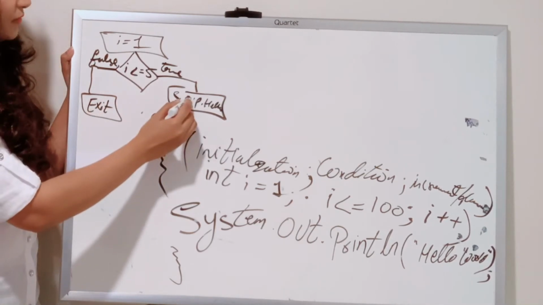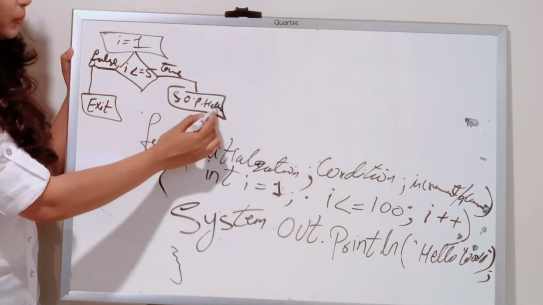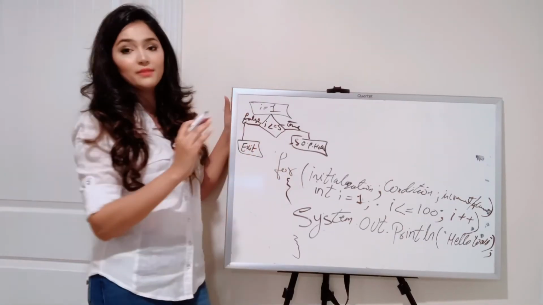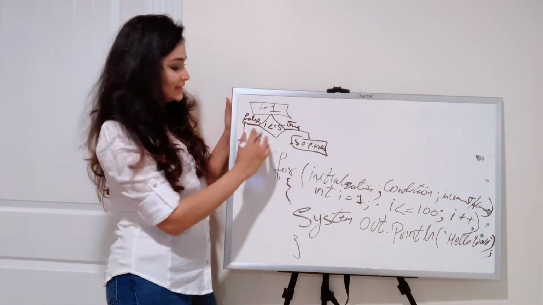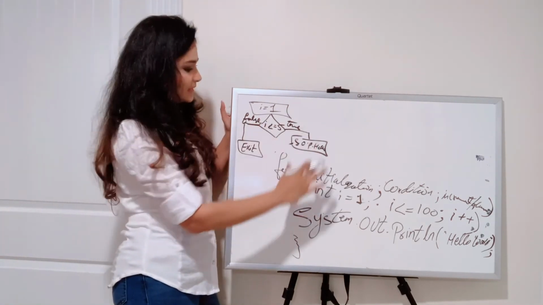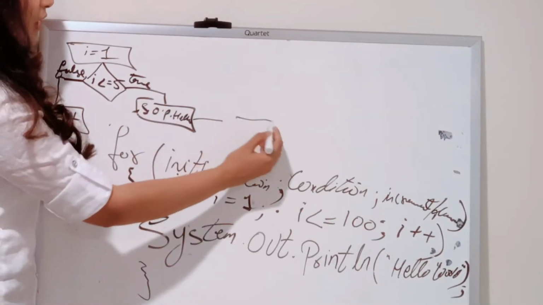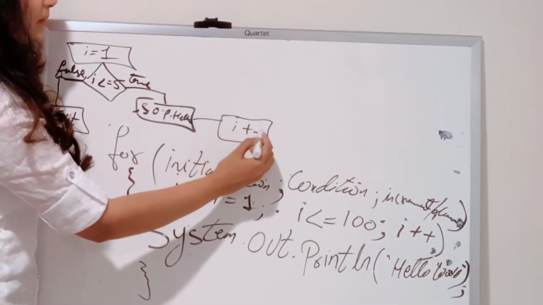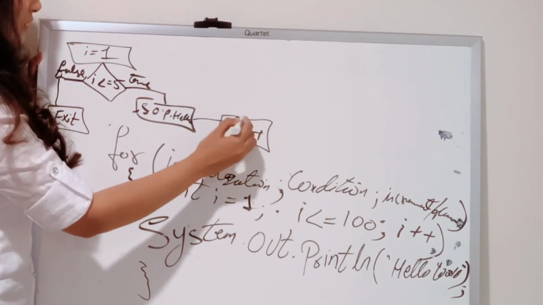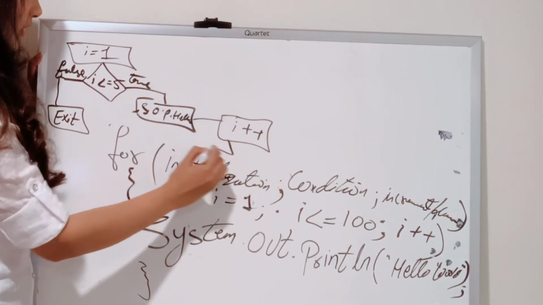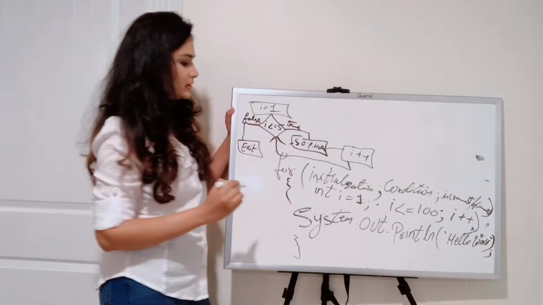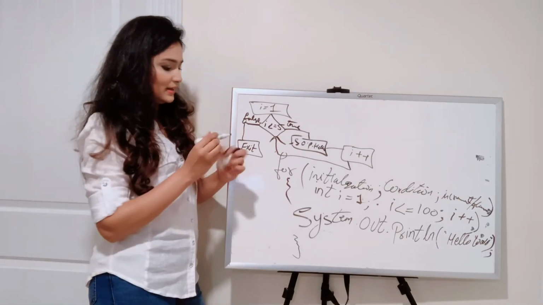So if this is true, System.out.print Hello World. I don't have space right now on my board, otherwise it's a very neat diagram, very simple. If this is true, System.out.println, then we have i++.